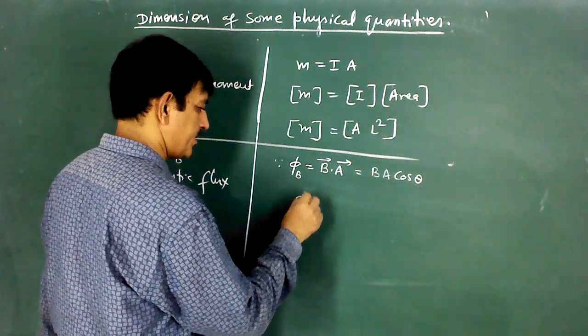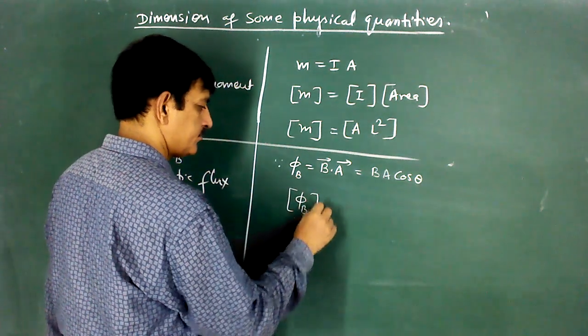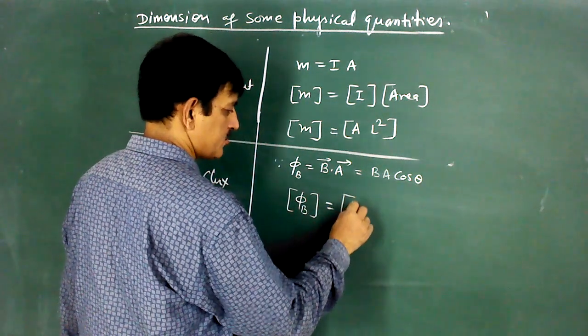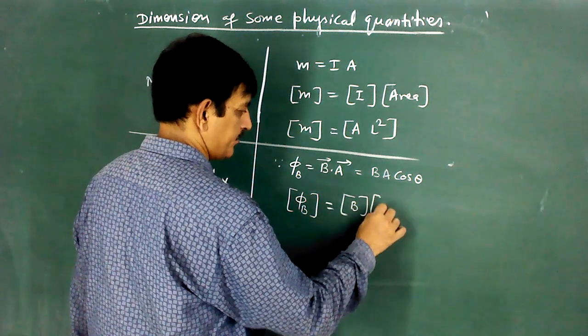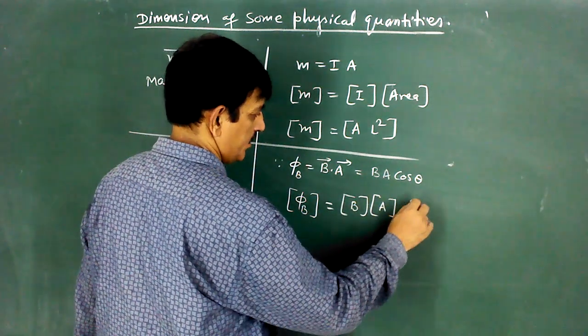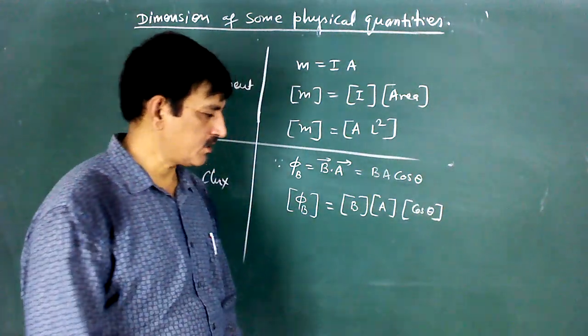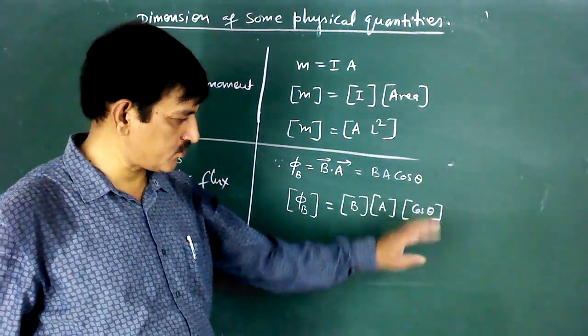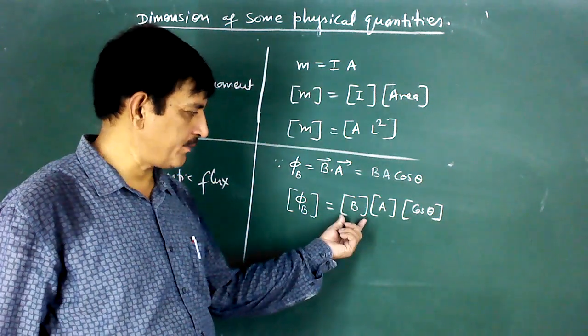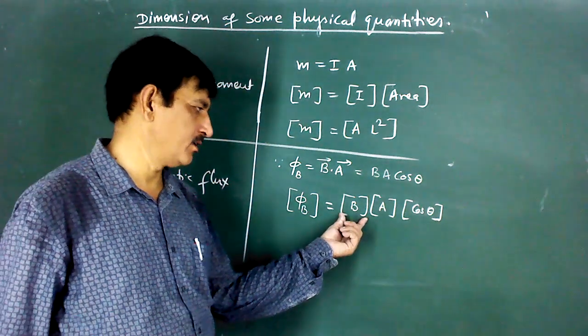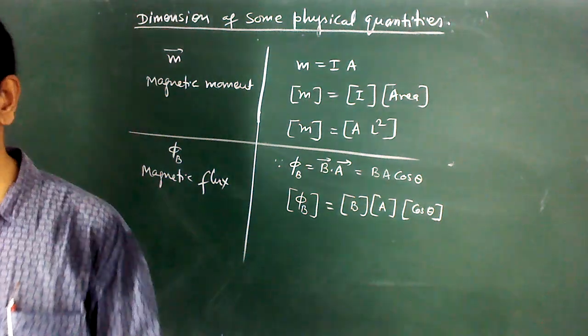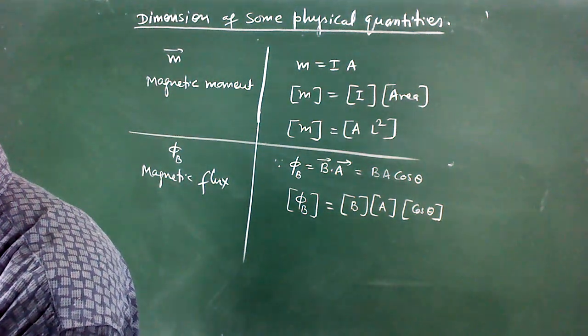So dimension of phi B is equal to dimension of B into dimension of area into dimension of cos theta. Since this trigonometric function has no dimension, we have to write the dimension of magnetic field and also the dimension of area.